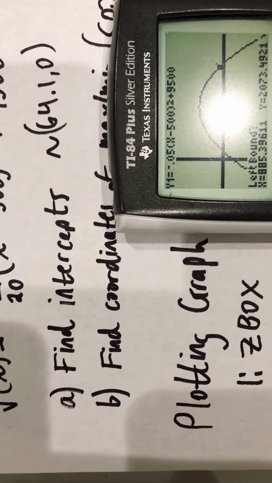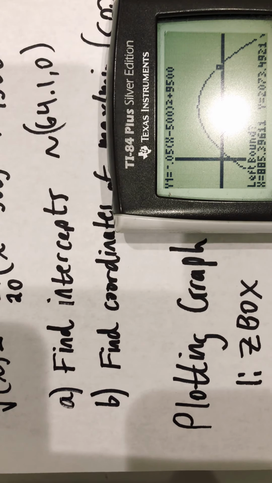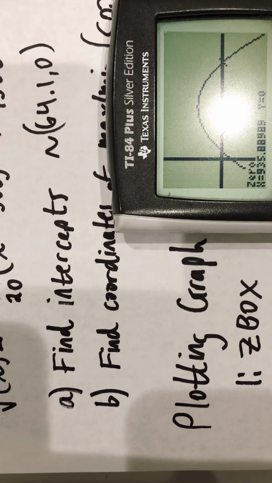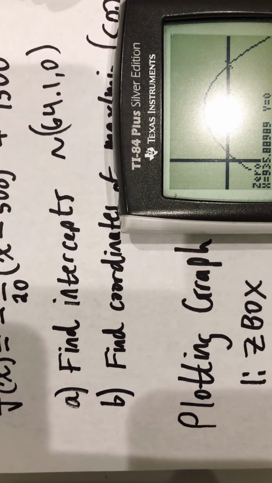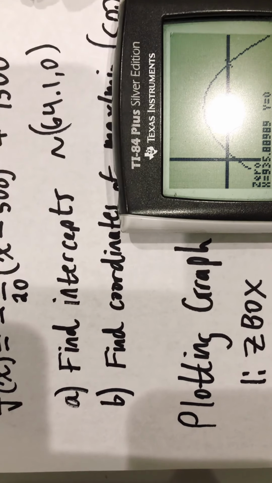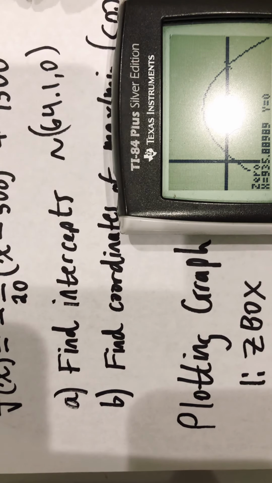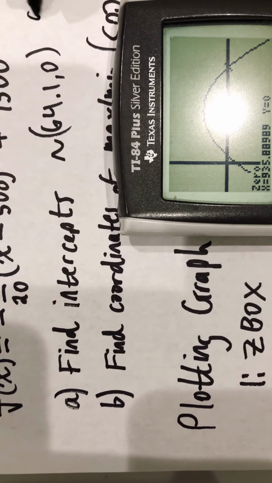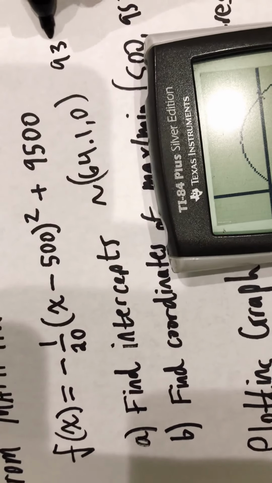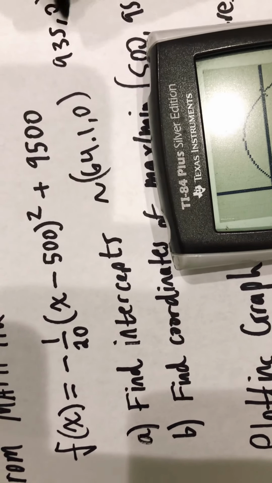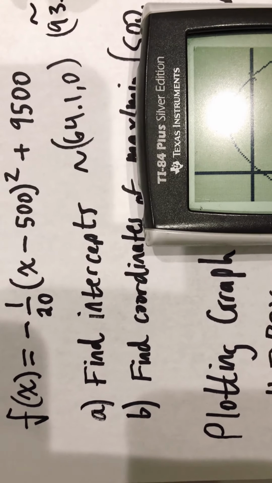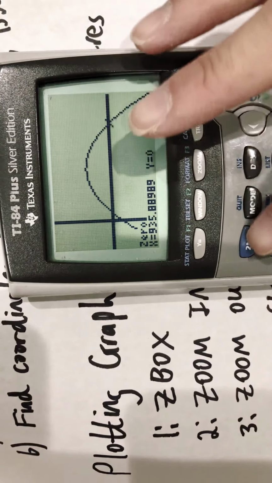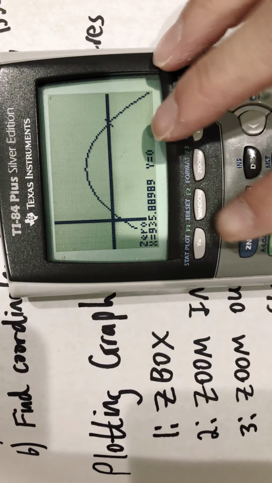Some students don't know about these calc features, and I really think that these calc features make life so much easier, especially on the tests when they may be crunched, and it's sometimes faster doing graphing and finding rather than doing it by hand. So 935, 0, around 935.